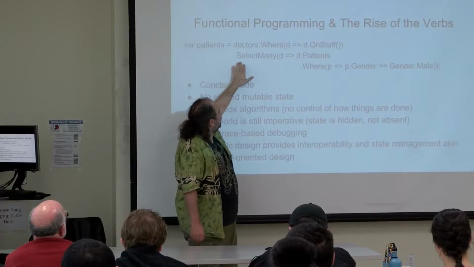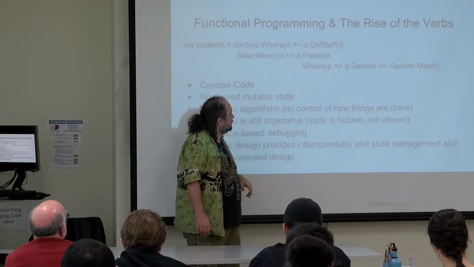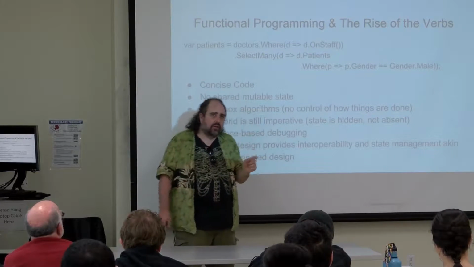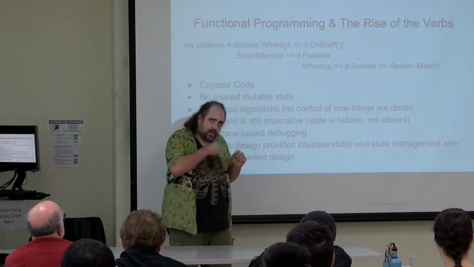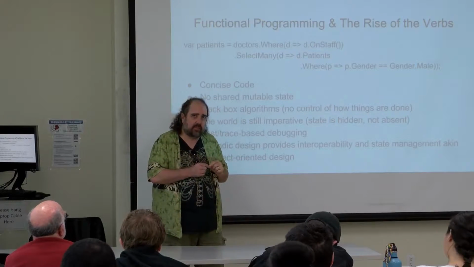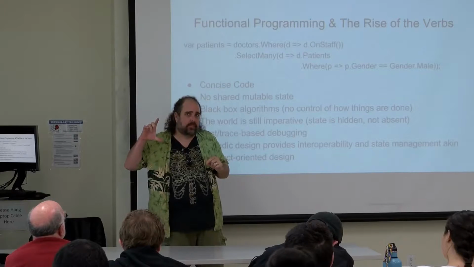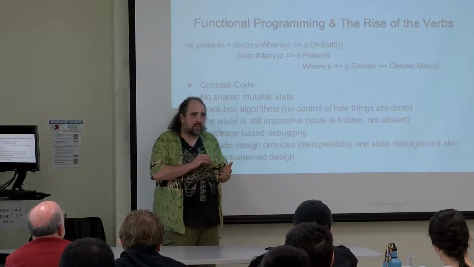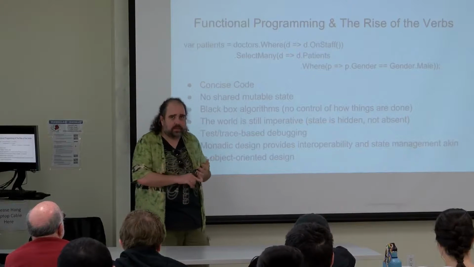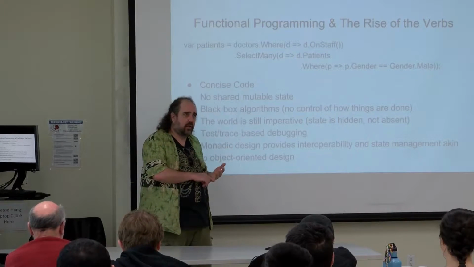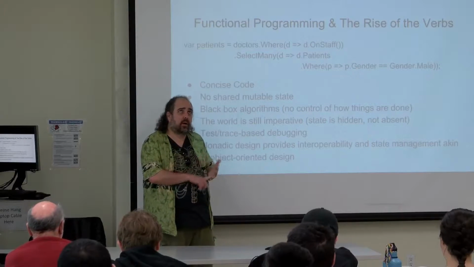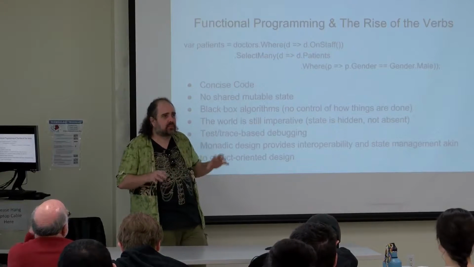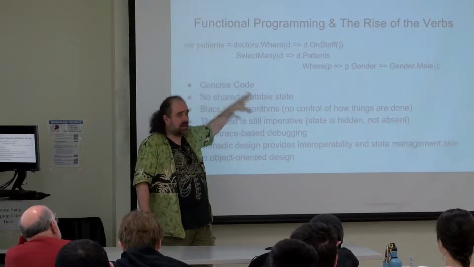And now we call select many. And select many is a function that takes a list of objects and a function that takes an object of that type and produces a list of some other type. Okay, and select many in C#, which is the equivalent of flat map in Scala, or a map call followed by a flatten call in JavaScript, is the basis for monadic design.